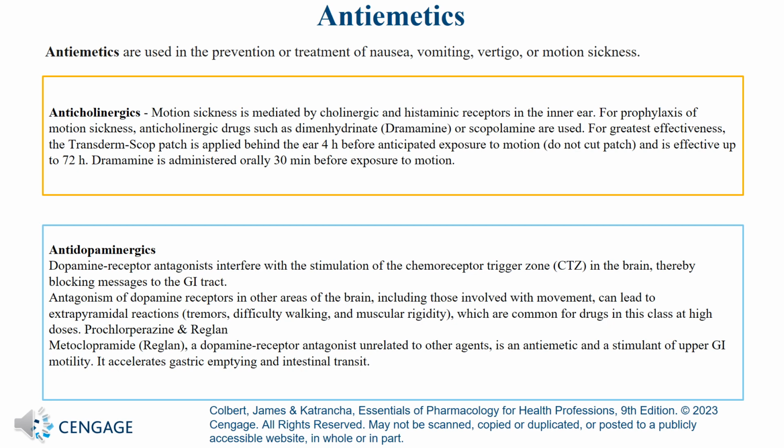If you look at the different specifications of medications, you see that you have Dramamine or scopolamine, which are used for that. So it gives you the instructions for greatest effectiveness for the patch. They put it behind the ear. A lot of people use that when they go on cruises or flying before they're exposed to motion.